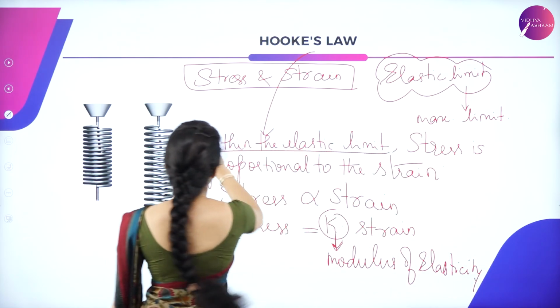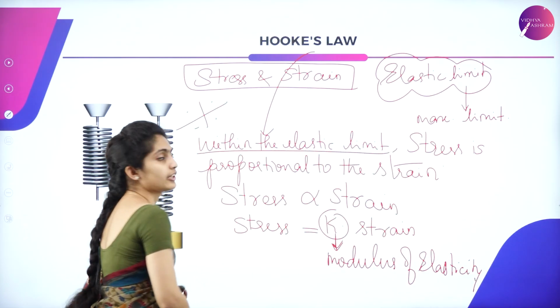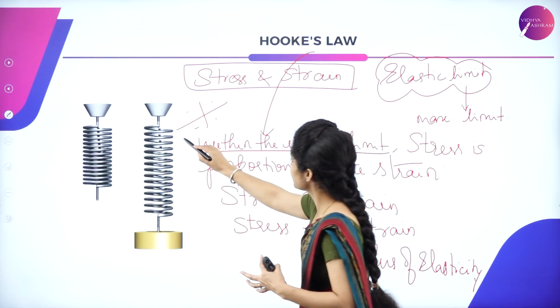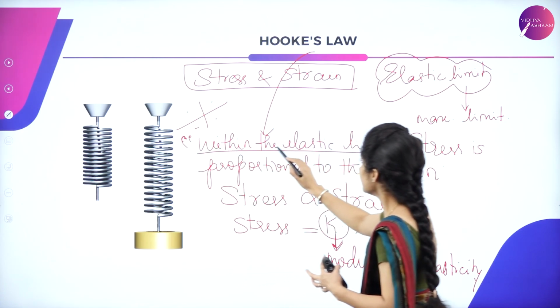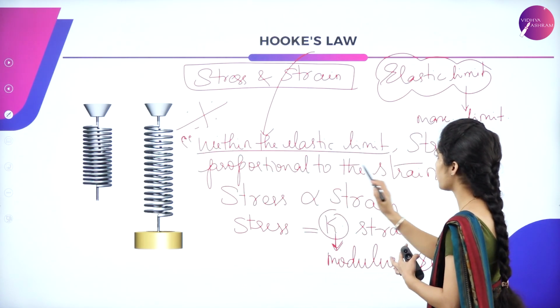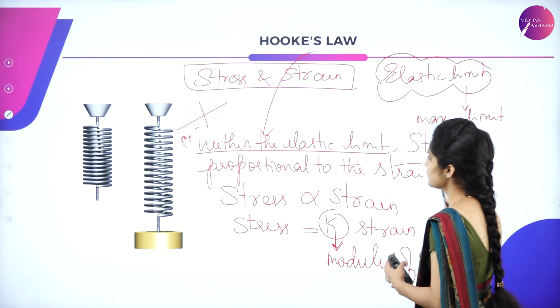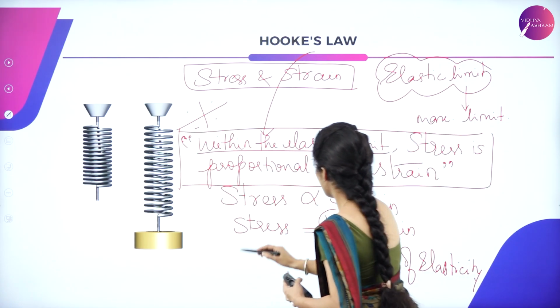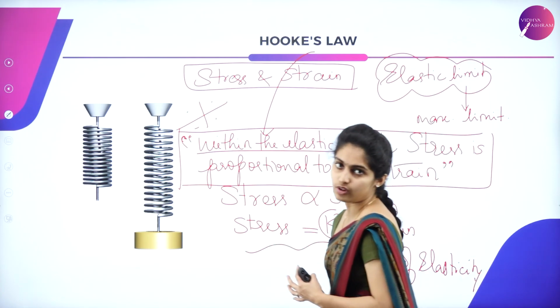This is one of the important laws given by Hooke. So Hooke's law means within the elastic limit, the stress is proportional to the strain. Below you have the equation for the Hooke's law expression.